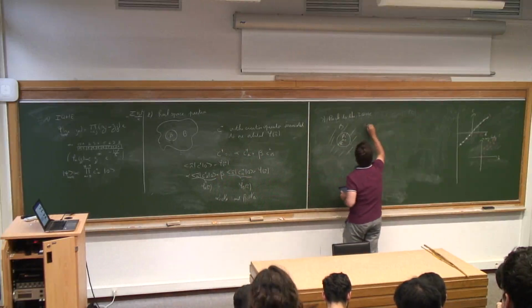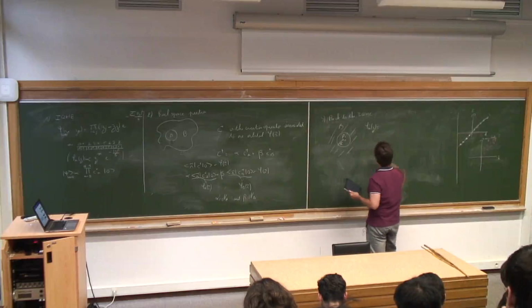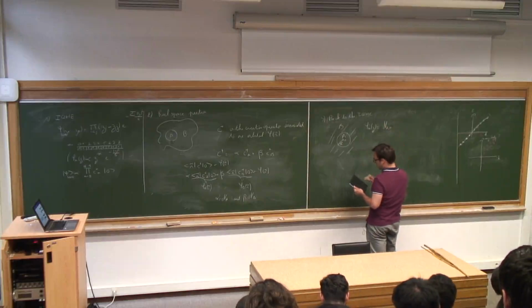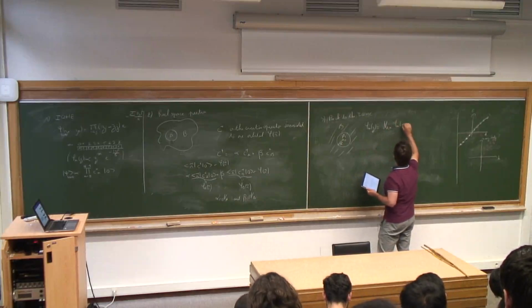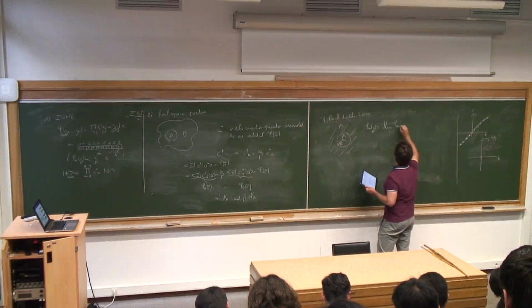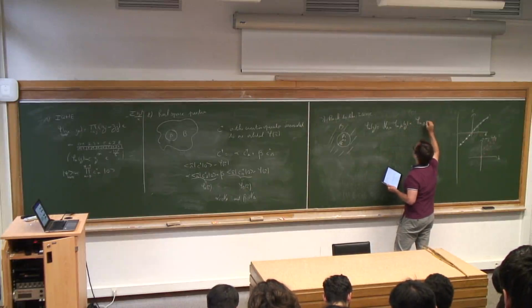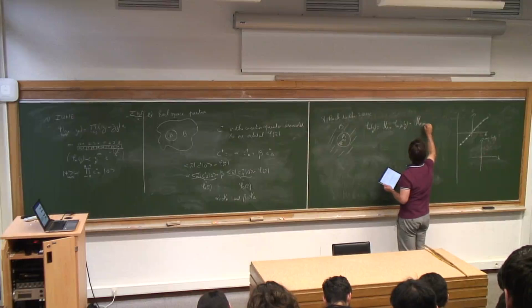So it means that the calculation that we have done for a single orbital, we can do for each of them.